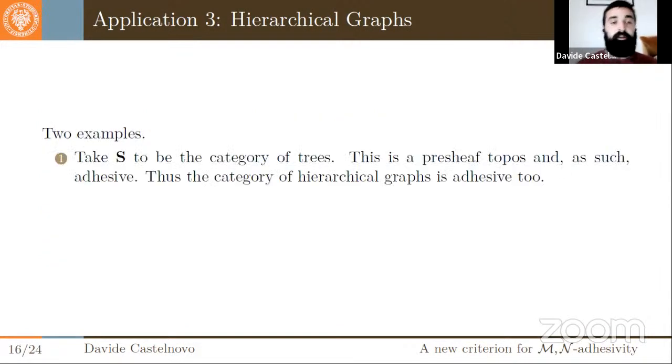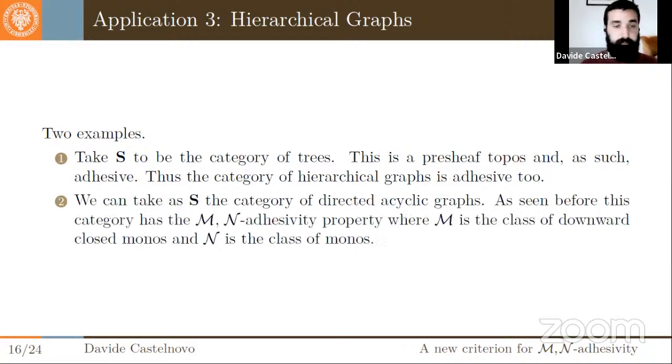We have two examples. The first one is the category S of trees, that we can think of as a presheaf topos over the poset given by omega, the first infinite ordinal. Then the category of hierarchical graphs is adhesive too, because it can be shown that the forgetful functor is colimit preserving. Basically the forgetful functor means take a presheaf and take the disjoint sum of all the images of every element of omega, of every natural number.